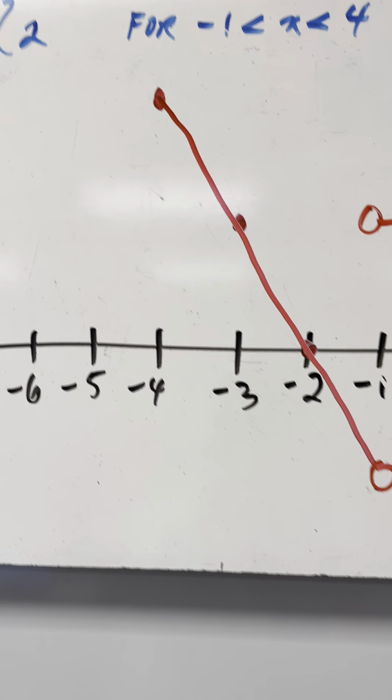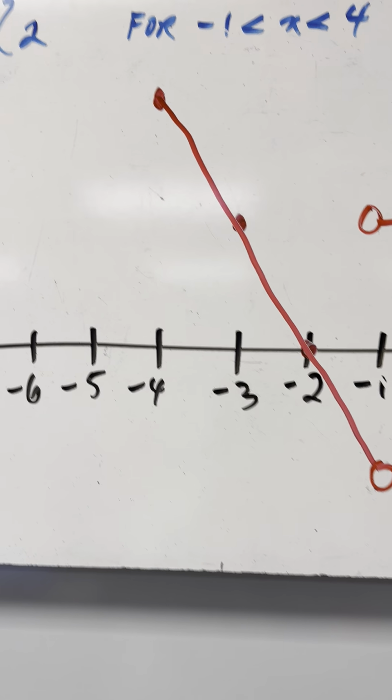The graph would start here, negative 4, and you'd go down 2 over 1, or you go up 2, back 1, up 2, back 1, right? Since this graph is only between negative 4 and negative 1, and it's not equal at negative 1, we have an open circle at negative 1 and a solid dot at negative 4, just like that. So your graph of negative 2x minus 4 is just between negative 4 and negative 1.